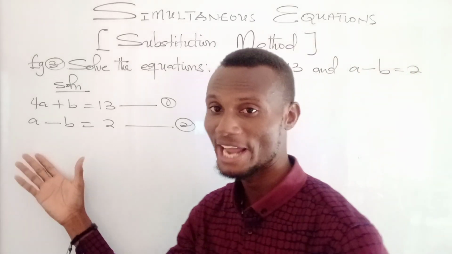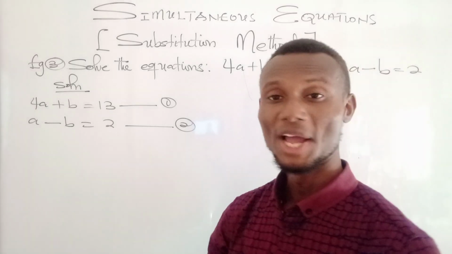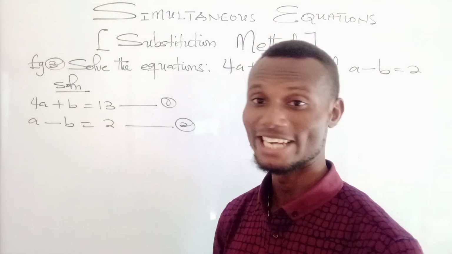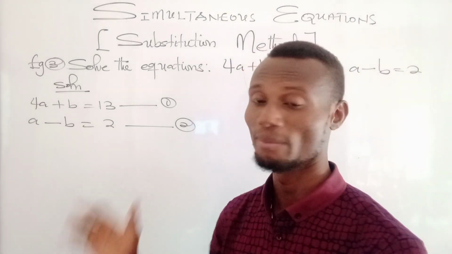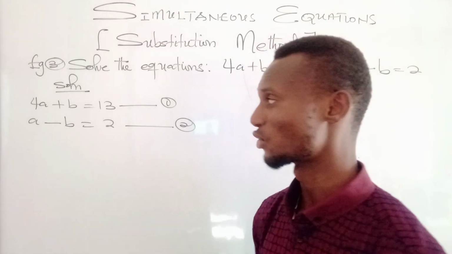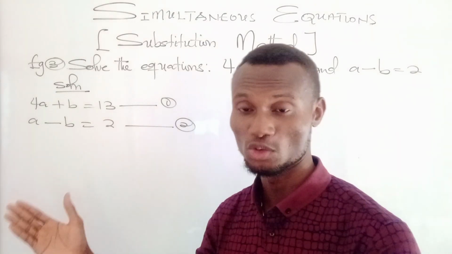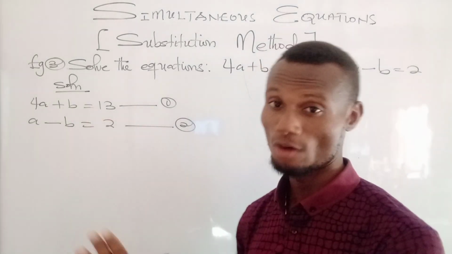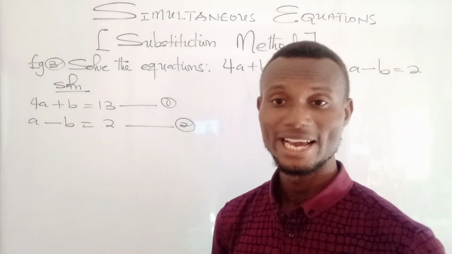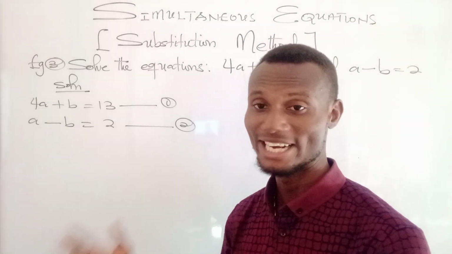Now from here we are going to make any variable that you want the subject, from any of the given equations. If you want to make a the subject, fine, or if you want to make b the subject, fine. That's the next step.